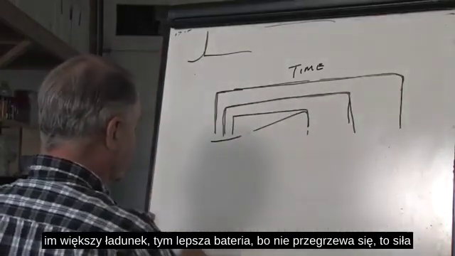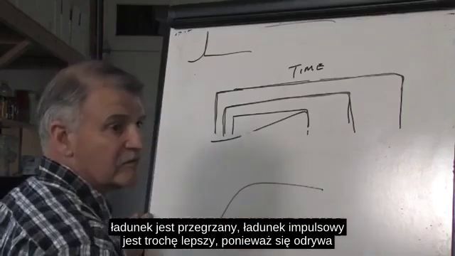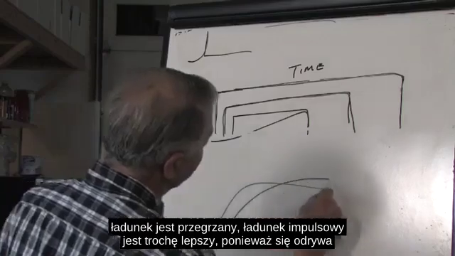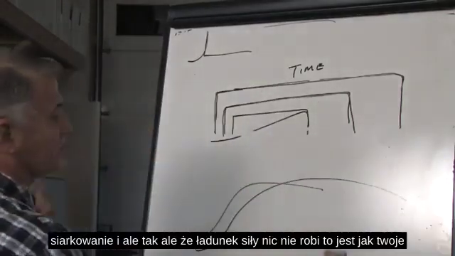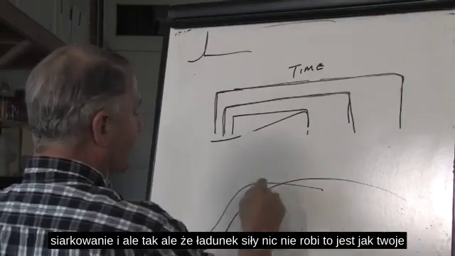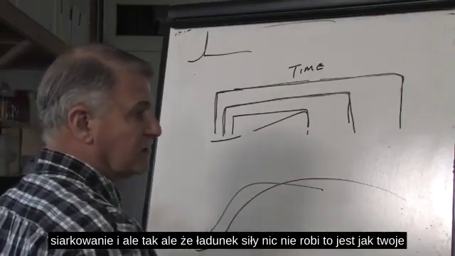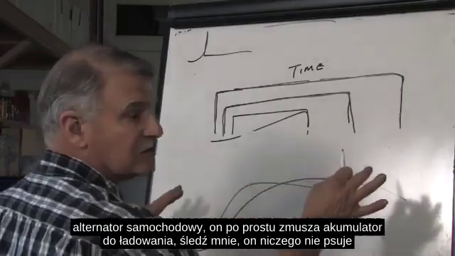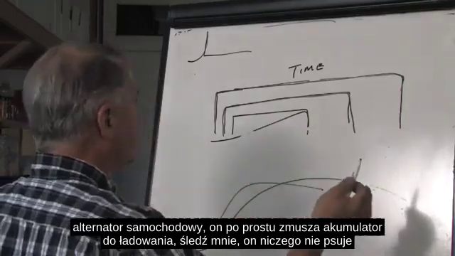The forced charge is an overheater. The pulse charge is a little bit better because it's breaking away the sulfation. But the forced charge is not doing anything. It's like your car alternator, just forcing the battery to charge. You follow me? It's not breaking anything up.